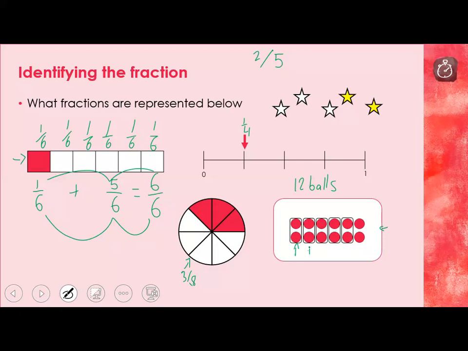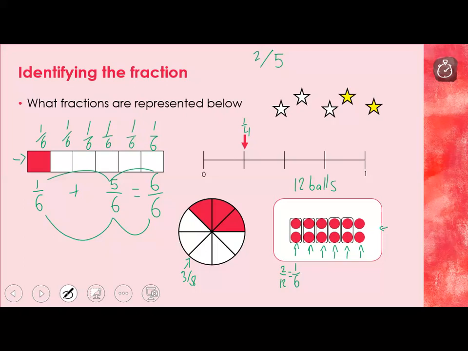Well, there's 1, 2, 3, 4, 5, 6. So each of the sets of 2 is 1/6 of the entire quantity of balls, or we could say it's 2/12 of the quantity.